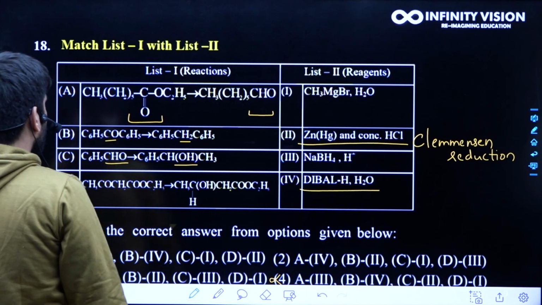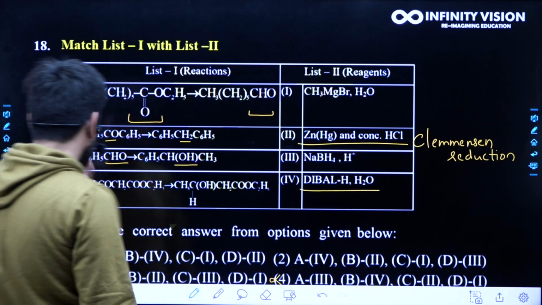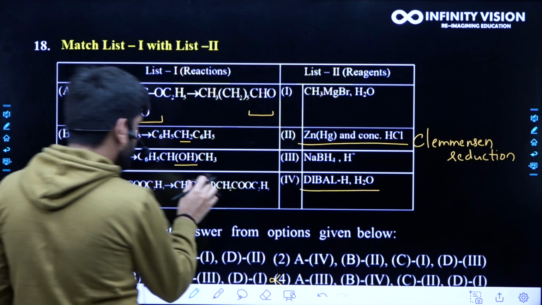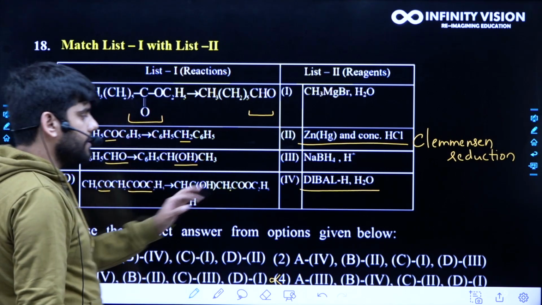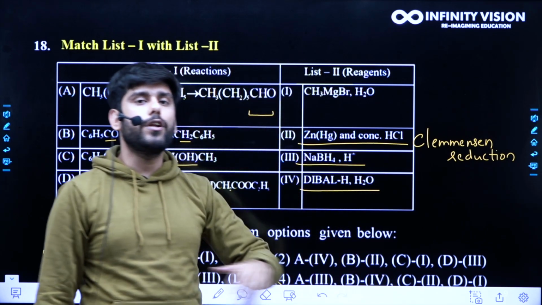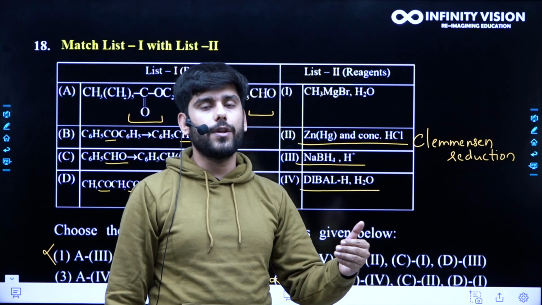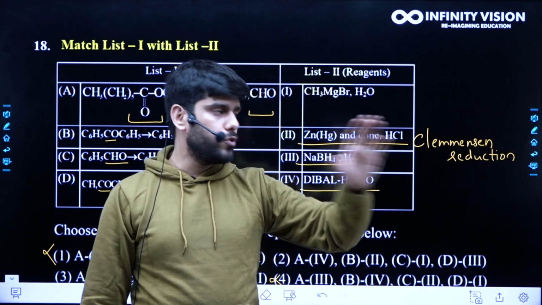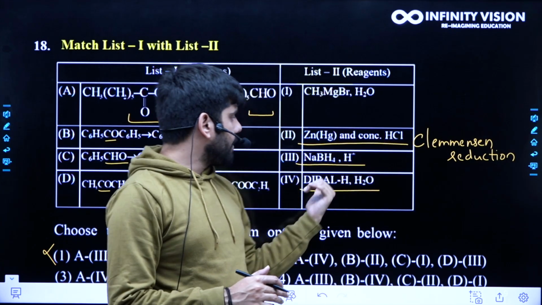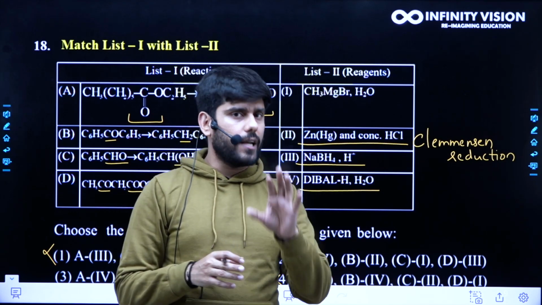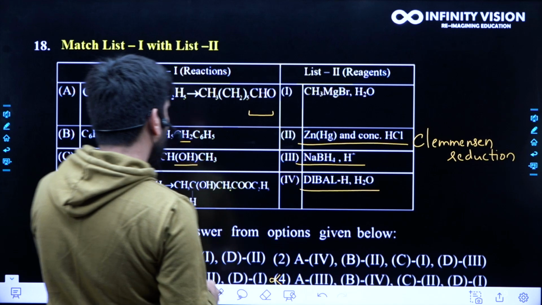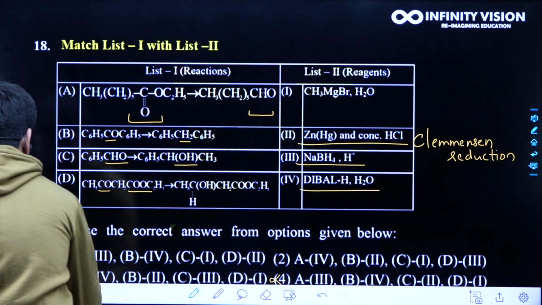Let us see the fourth one. Here this carbonyl group is reduced to OH, but the ester group is intact. So we know NaBH4, sodium borohydride, is a mild reducing agent which reduces carbonyl compounds, aldehydes and ketones, to alcohol, but the acid part and the ester part remain intact. It doesn't reduce them. So D goes with 3. So we have got third as the answer.